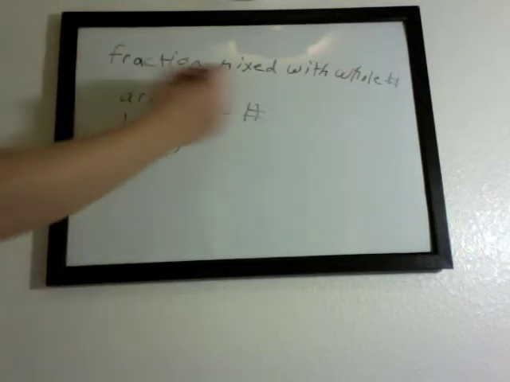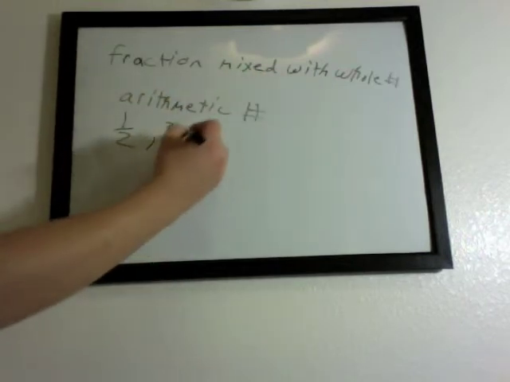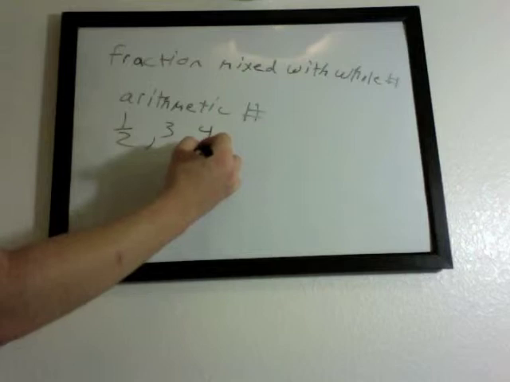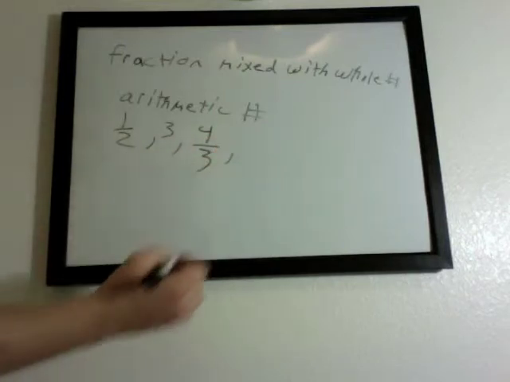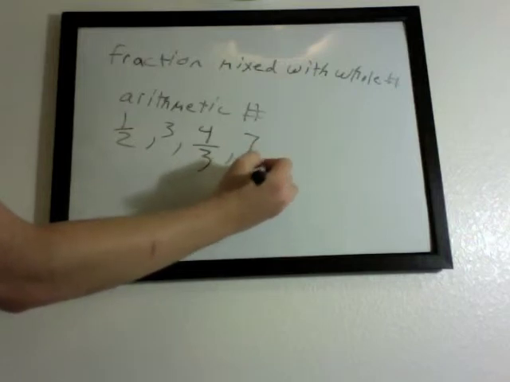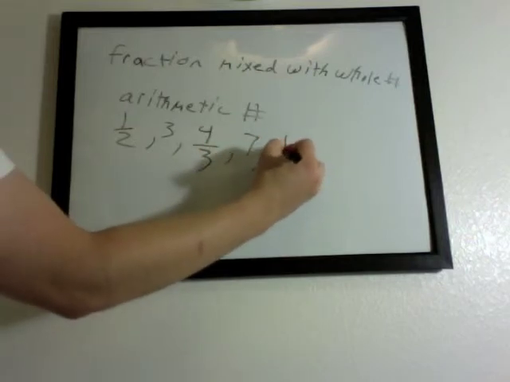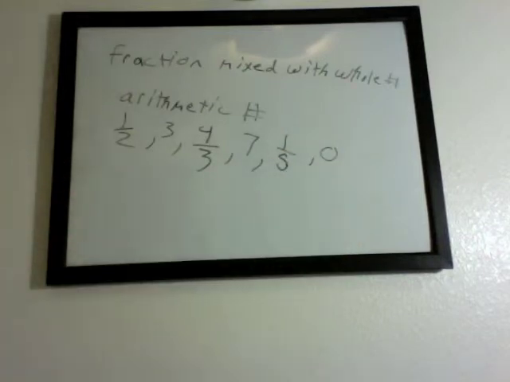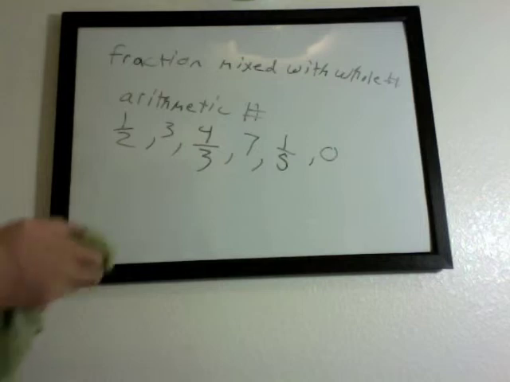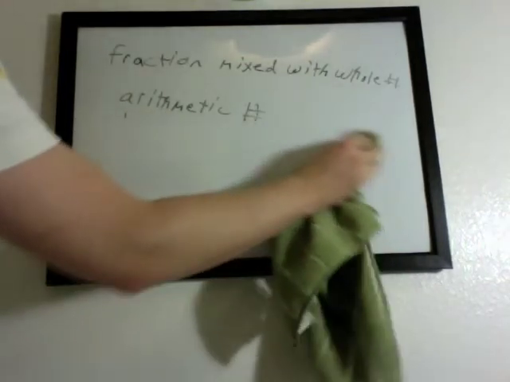That's fine. This is all arithmetic numbers that you can think of. 4, 3, 7, 1, 5, 0. So that list can go on for a really long time. You can think of any of those numbers, and they'd be arithmetic numbers. Whole numbers mixed with fractions.